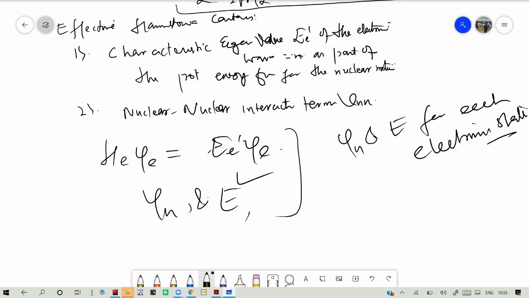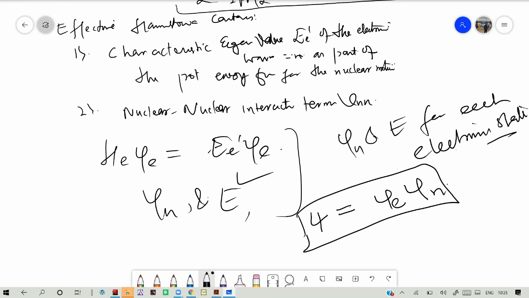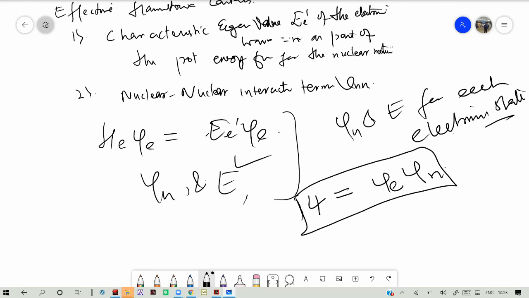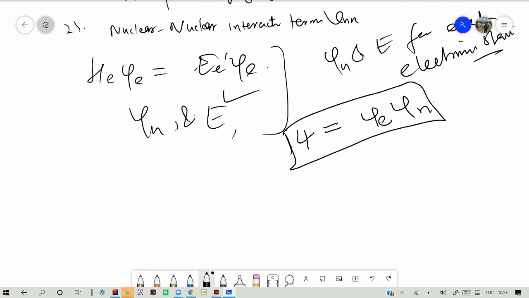Then the complete wave function psi is written as the product of psi E into psi n. I will repeat it again. Electronic wave function for any given electronic state in a molecule, that means a molecule has different electronic states.